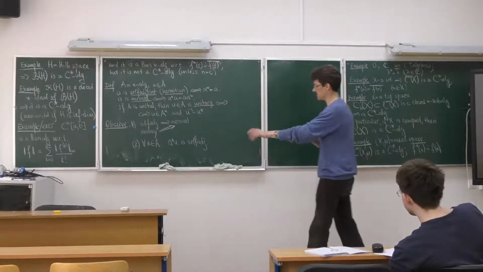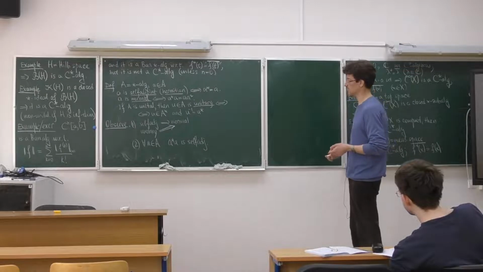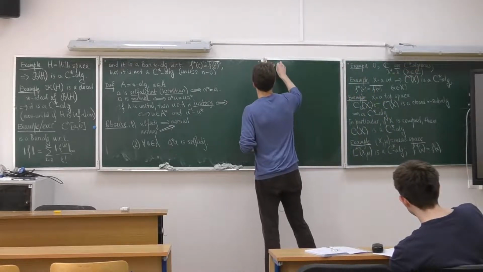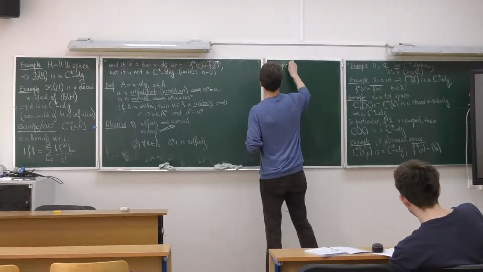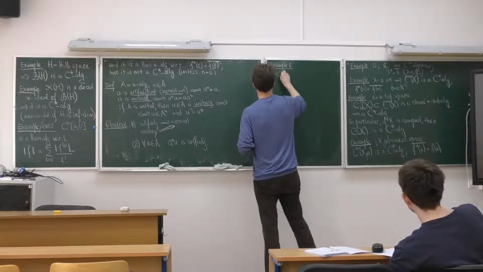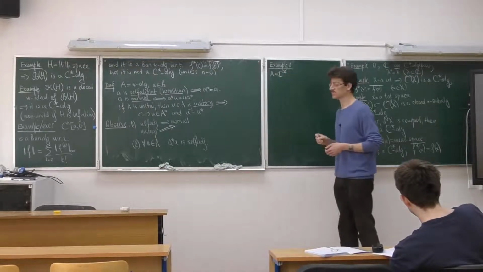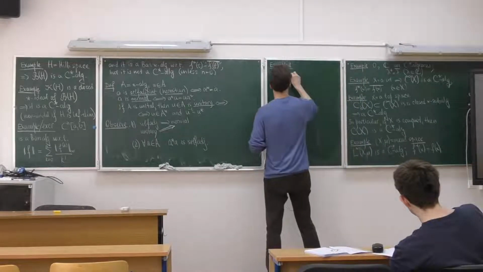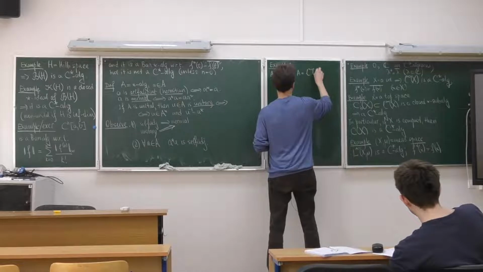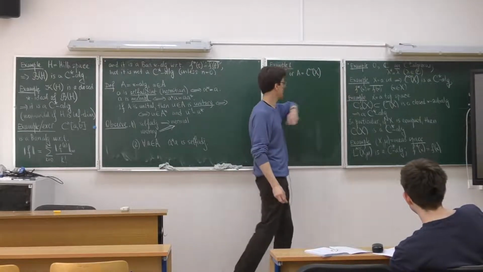Well, let's consider some examples which show how these notions behave in concrete cases. Example 1. Suppose that A is just the algebra of all complex valued functions on some set X. Or we can take the algebra of bounded functions on X, which is a C-star algebra according to this example.